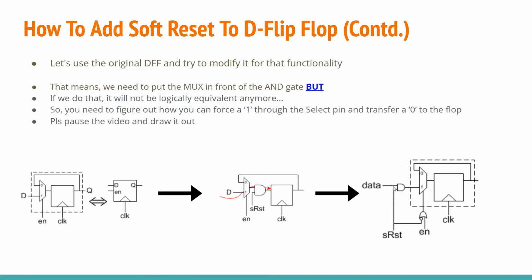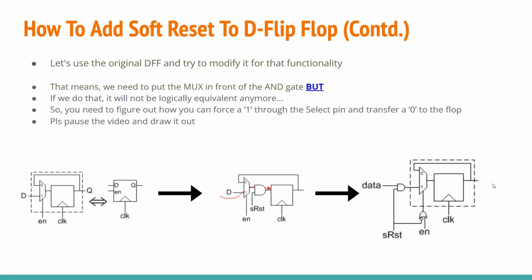So the data is one of the inputs to the AND gate, and the active low soft reset is the other input. When the soft reset is active, the output of the AND gate is automatically going to be forced to a 0, which will get propagated and get captured by this flop here, and thereby forcing the output of the D flip-flop to a 0.